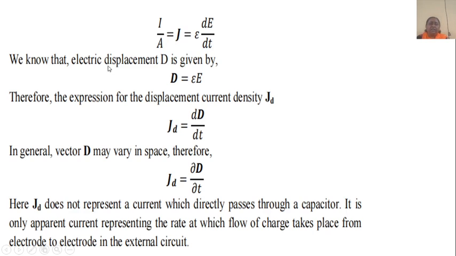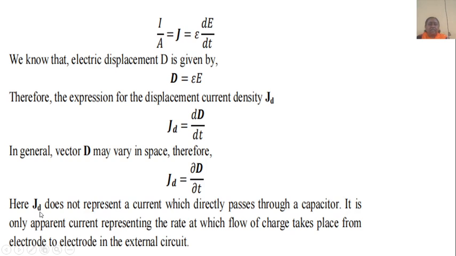We know that electric displacement D is given by D equal to epsilon into E, and therefore the expression for the displacement current density Jd equal to dD by dt. In general, vector D may vary in space, therefore Jd equal to delta D by delta t.